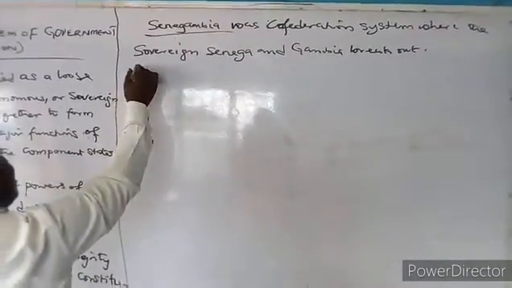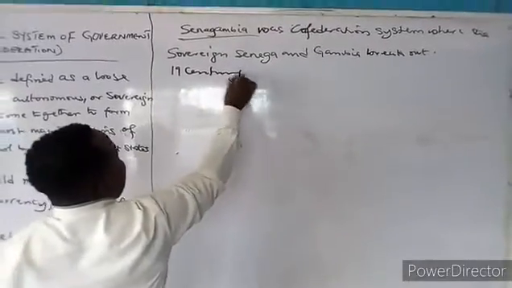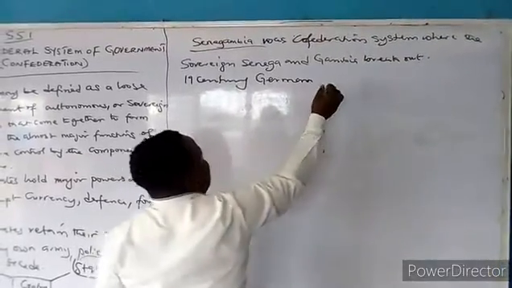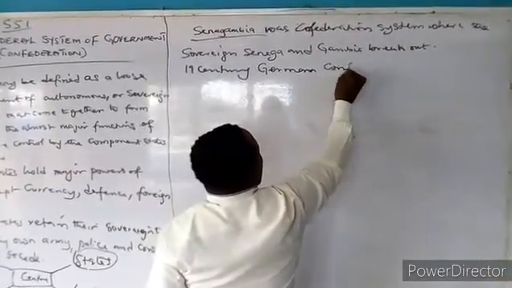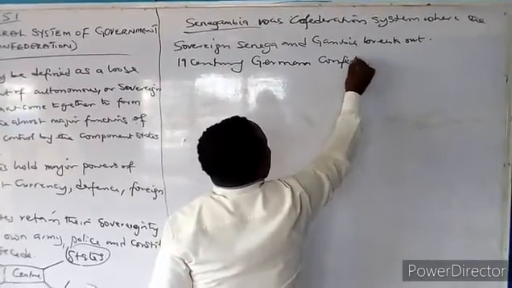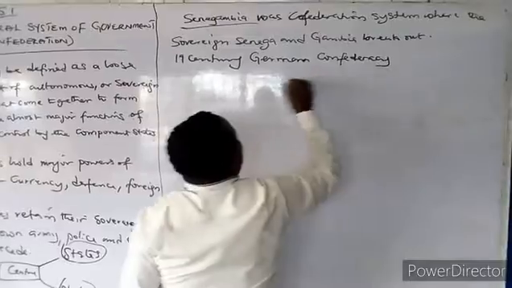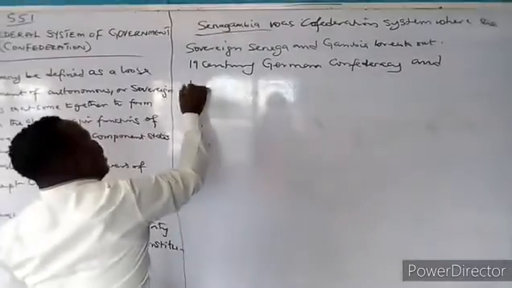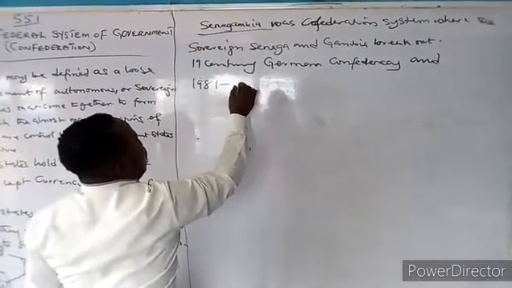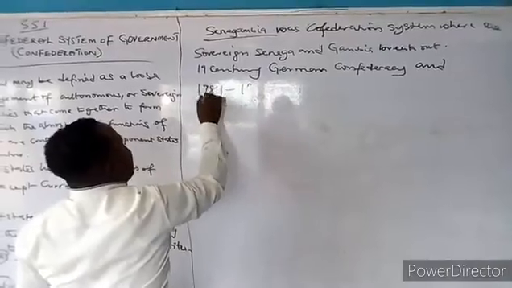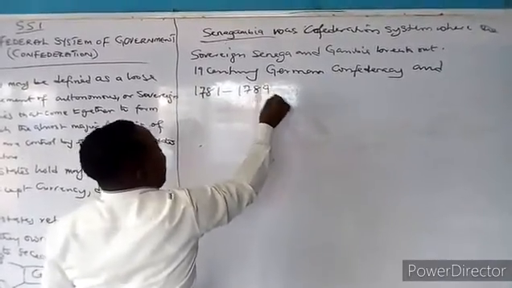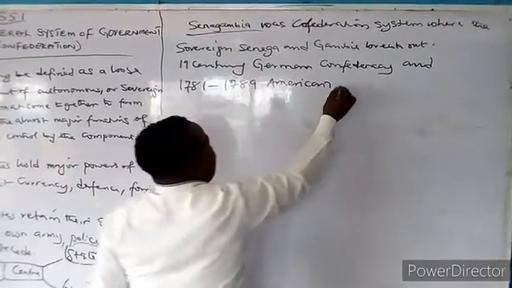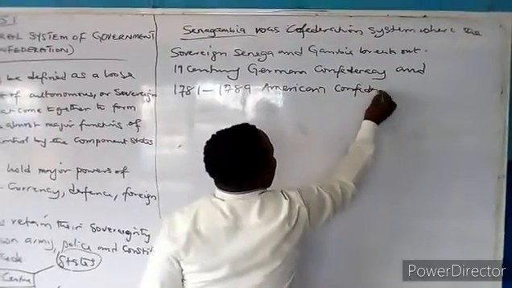Another example was the 19th century German Confederacy, and the 1781 to 1789 American Confederation.